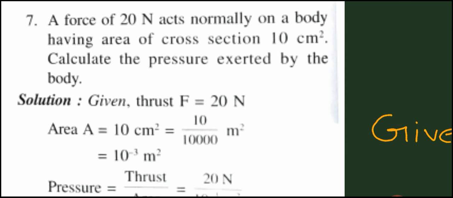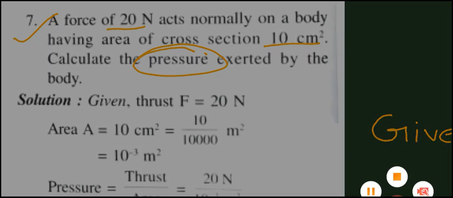Now here is our 7th question. Okay, 7th question. Please read the question. A force of 20 Newton acts normally on a body having area of cross section 10 centimeter square. Calculate the pressure exerted by the body. Clear?